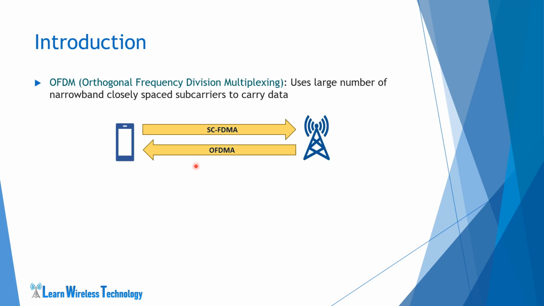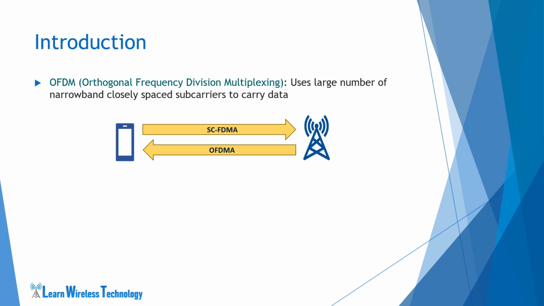The downlink transmission scheme for LTE is based on OFDMA, that is Orthogonal Frequency Division Multiple Access, and the uplink transmission scheme is based on SC-FDMA, that is Single Carrier Frequency Division Multiple Access. SC-FDMA is also referred to as DFTS OFDM, that is Discrete Fourier Transform Spread Orthogonal Frequency Division Multiplexing. Both the transmission schemes are based on the principles of OFDM.